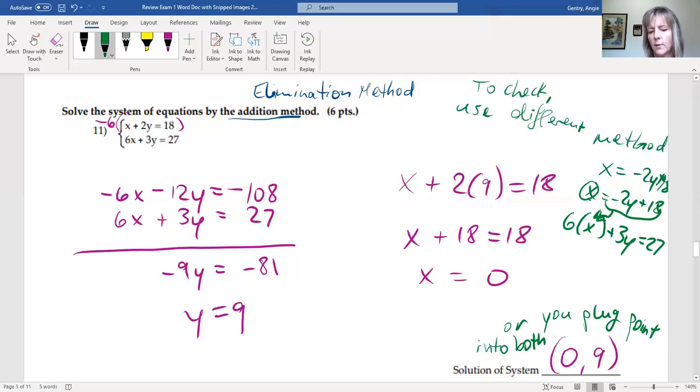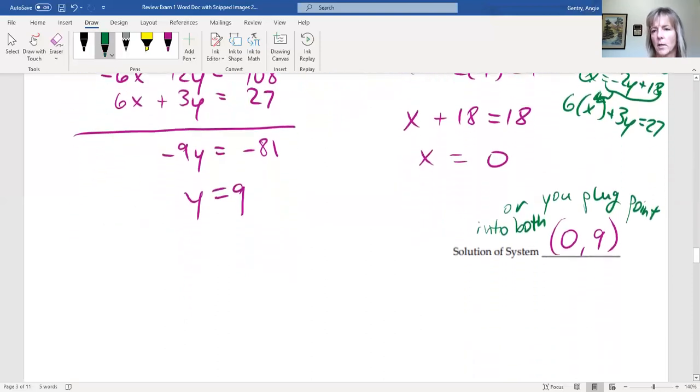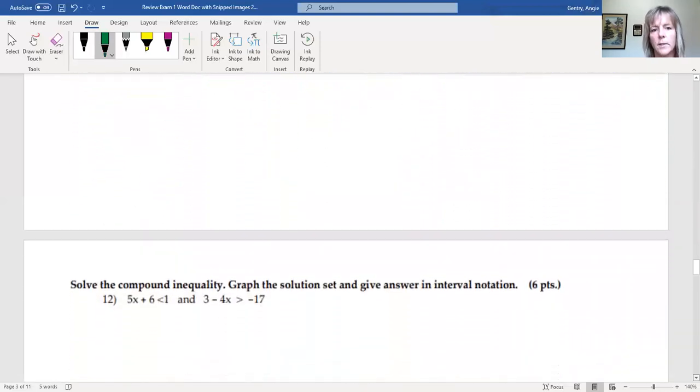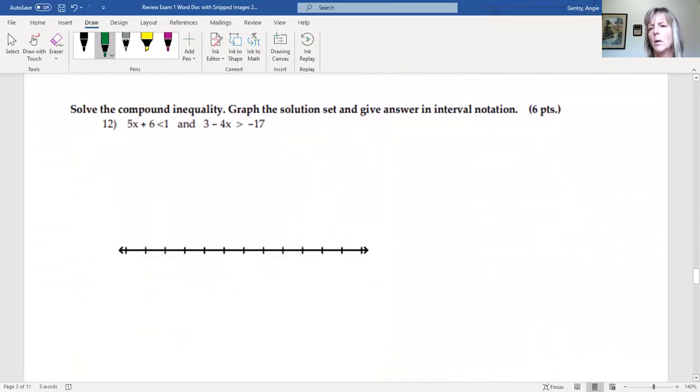If I was done with my test, I wouldn't do it in the middle of a test, because what if I run out of time? But I would definitely at the end say, hey, I have time. I'm not second guessing myself and making changes to my original. I'm just going to see if those points make a true statement in the original. So you can check your work. Just don't get so hung up on it that you can't work.